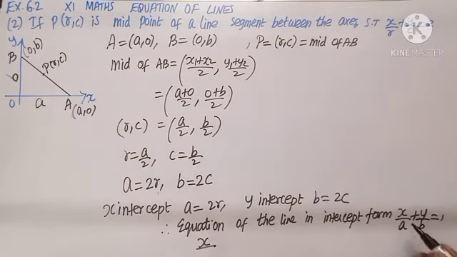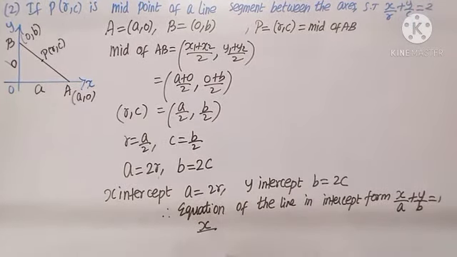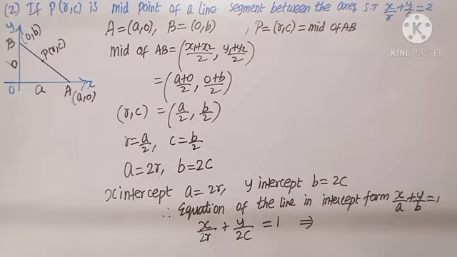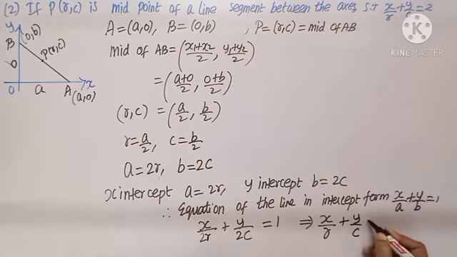In intercept form, it is x by a plus y by b equals 1. In this question, x by 2r plus y by 2c equals 1. As 2 is common, I can cross multiply. It is x by r plus y by c equals 2, and that is the result to be shown in the question.